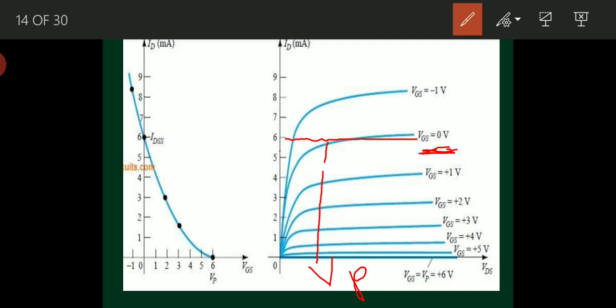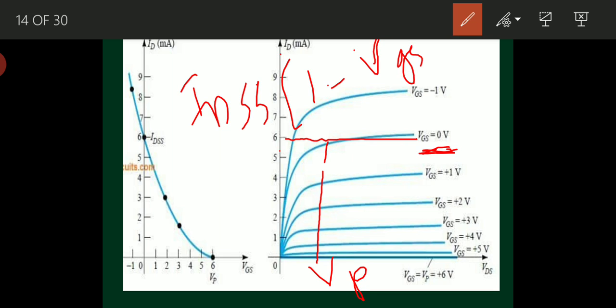So the equation is IDSS into 1 minus VGS by VP whole square. When VGS equals 0, this term vanishes. So 1 minus 0 whole square means 1, and 1 into IDSS means IDSS.